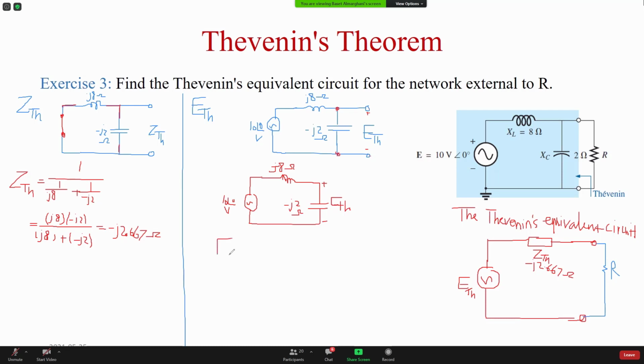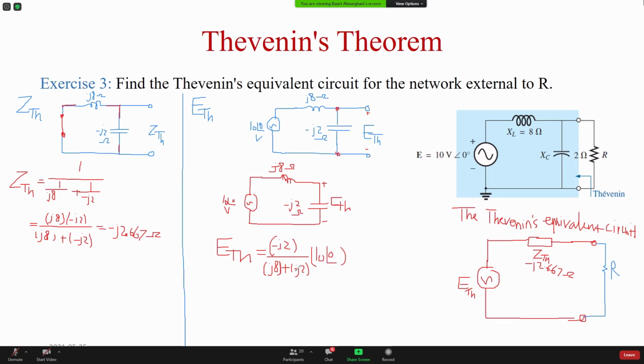So I can say E Thevenin, I use the divider, so I'm going to multiply by this impedance, divide by the total, minus J2. Don't forget the minus, divided by the sum, which is J8 plus minus J2. So I'm adding them, multiplied by the total voltage, which is 10∠0.